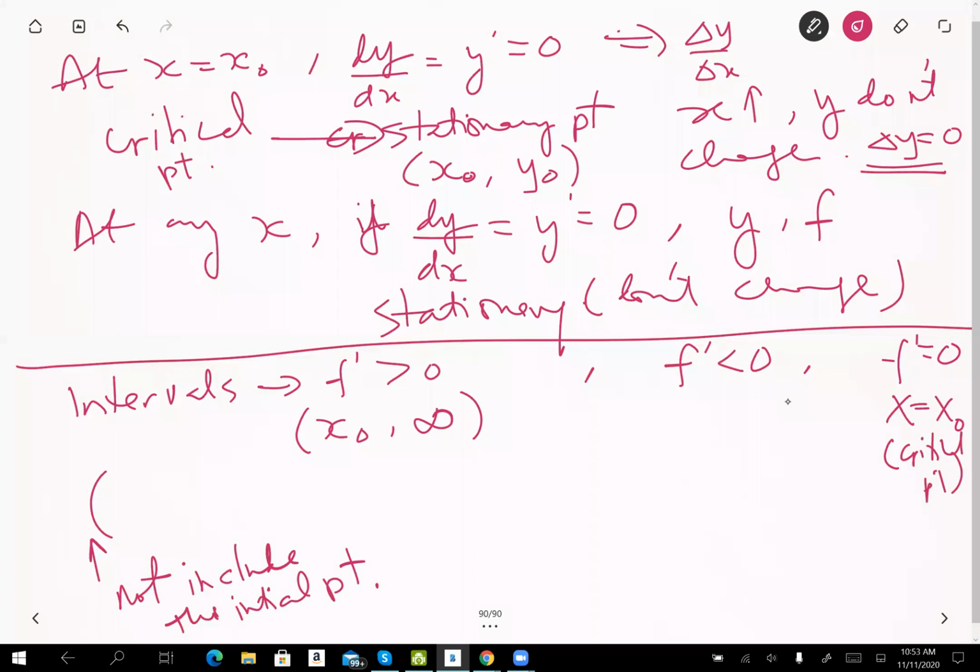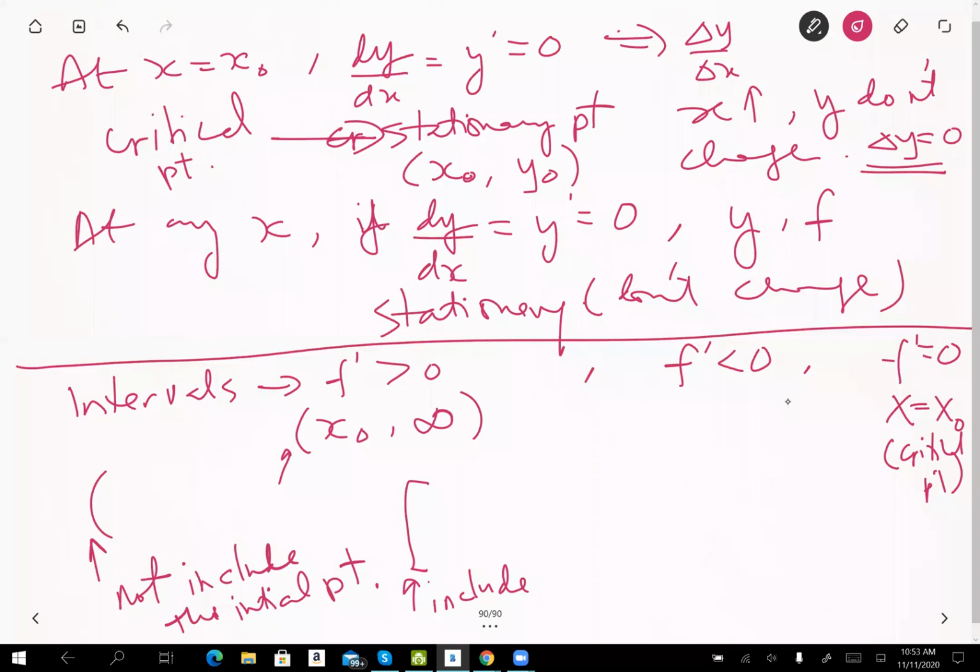You just call it x0, but you indicate by that bracket. If our bracket is like this, then it includes the initial point. If the bracket is like we have now, that does not include the initial point. It includes any other points bigger than x0. That means x0 plus 0.0001 is already included in the interval.